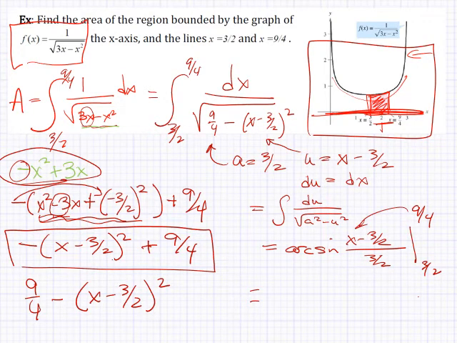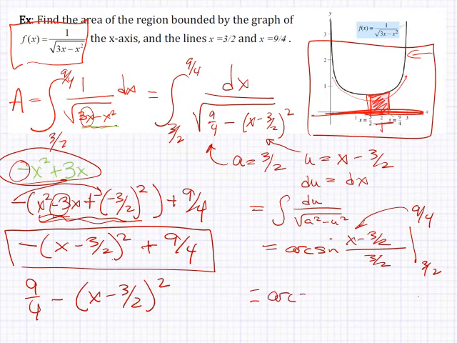And so if we plug in 9/4, we have to do 9/4 minus 3/2. Well, 3/2 would be 6/4, so it would be 9/4 minus 6/4, so it would give me 3/4.